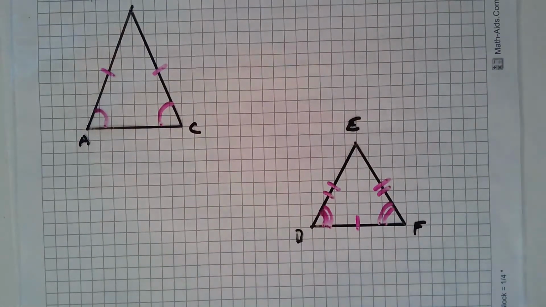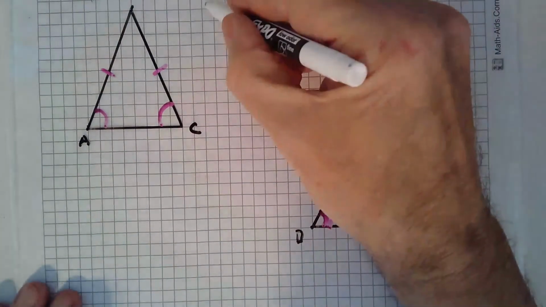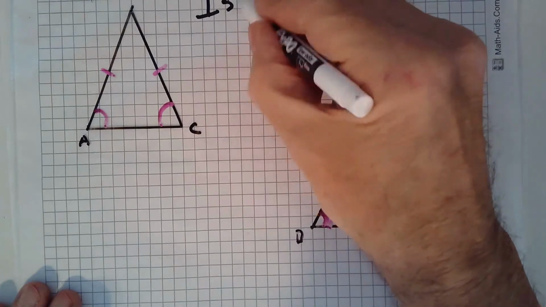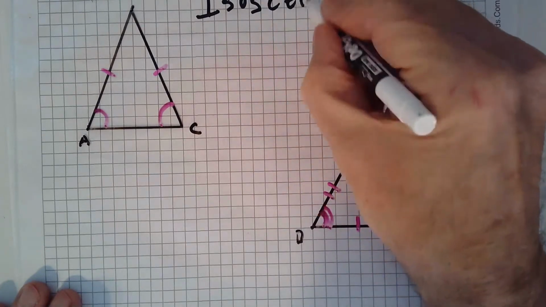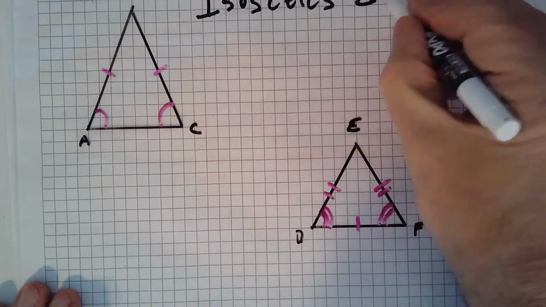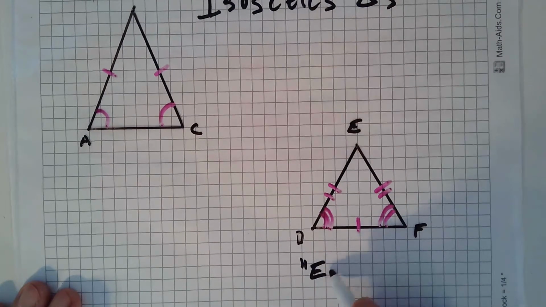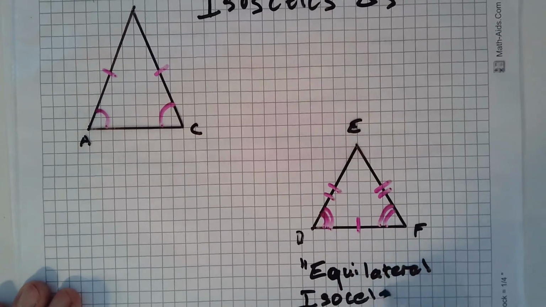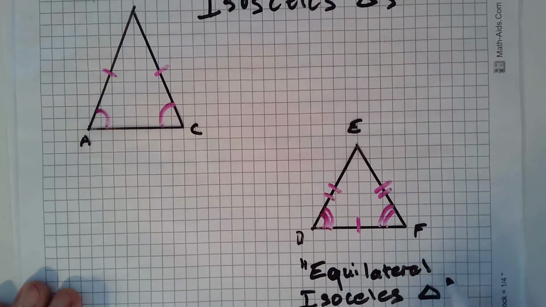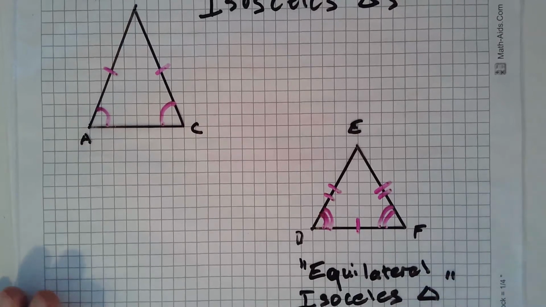So again, they're both isosceles triangles, but this one is an equilateral isosceles triangle. If you think of it that way, you're going to understand it a little bit better.